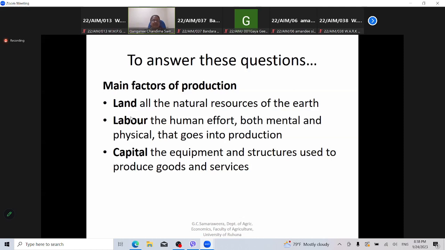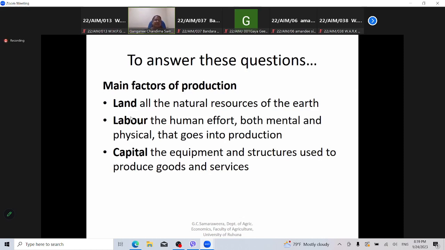They turn this mental or physical effort into production. For example, in a paddy field, a farmer uses a laborer. That laborer supports producing rice, using their physical power to produce things.